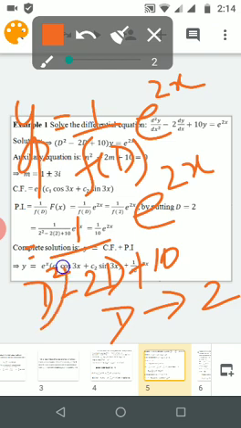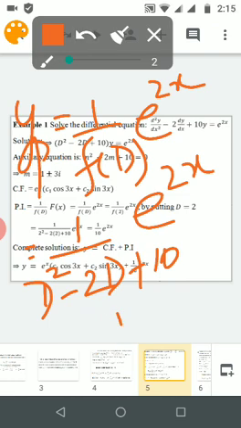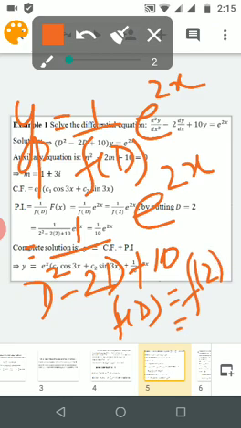I'll get 2 square minus 2 into 2, which is again 4, plus 10. So my f of D becomes f of 2, and f of 2 works out to be simply 10. Wherever there is capital D, just put it as 2.